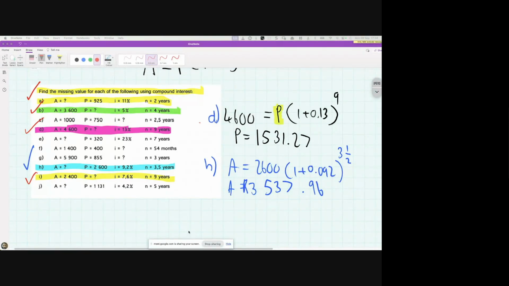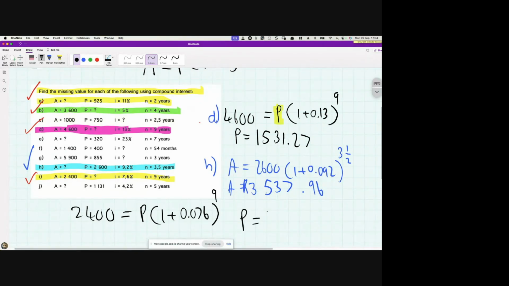Okay, so for this last one here, your 2,400 equals P1 plus 0.076 to the power of 9. But now we have to move this bit to the other side. So we're going to get P is equal to 2,400 over 1 plus 0.076 to the power of 9.